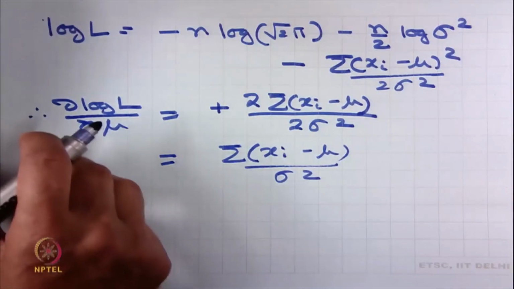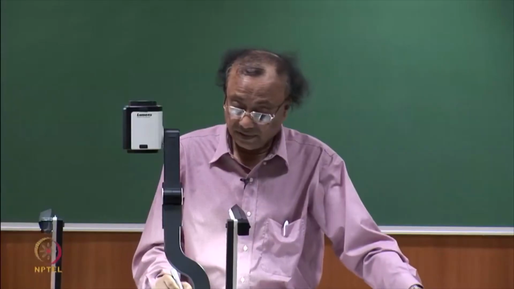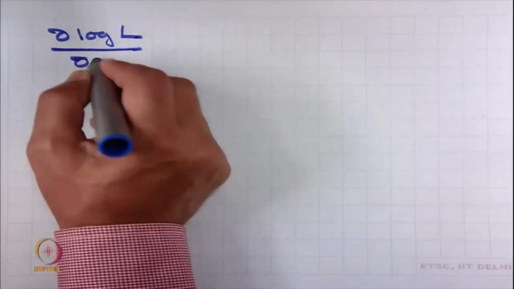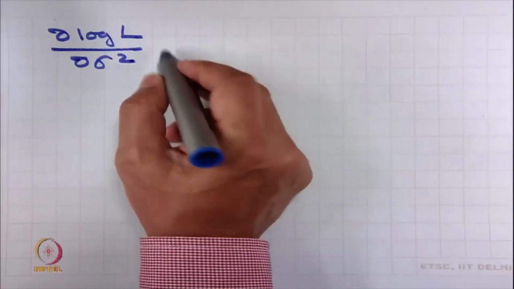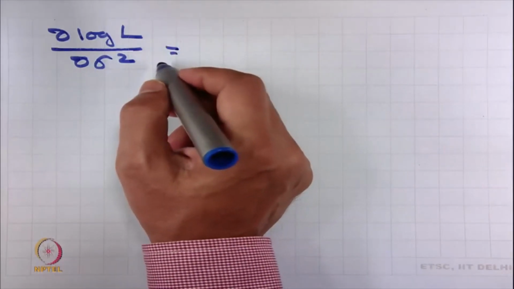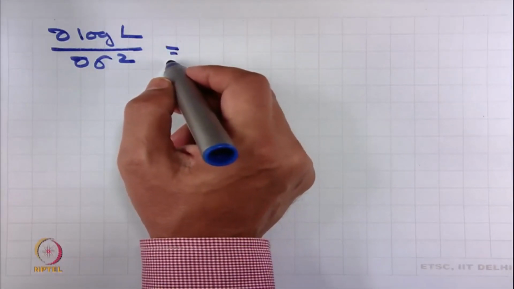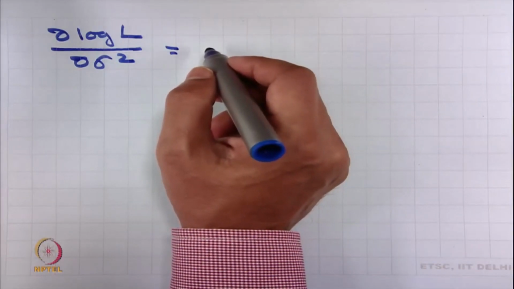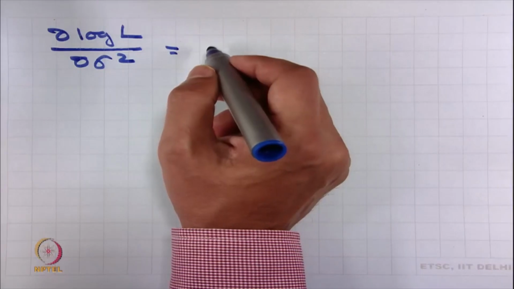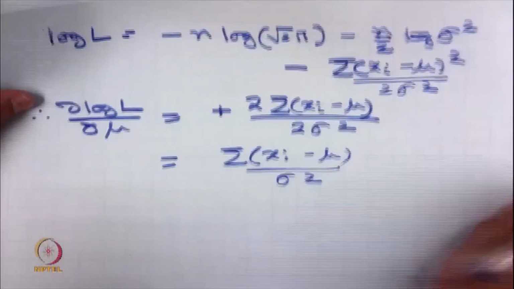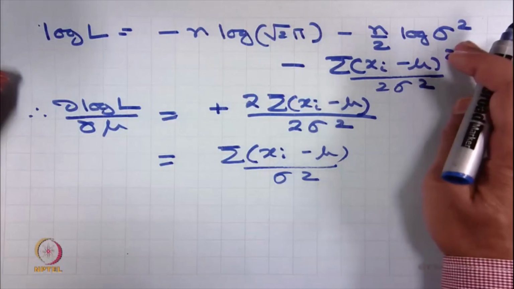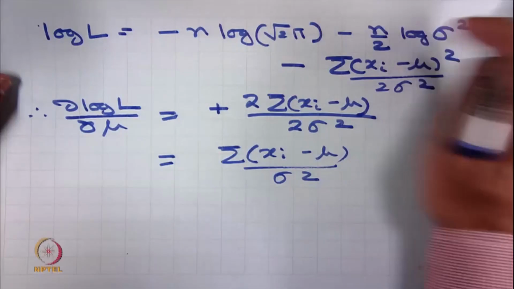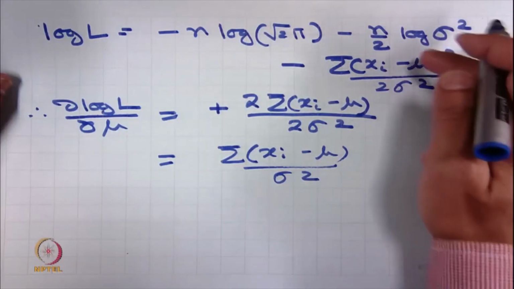and del log L del sigma square is equal to, from here we are differentiating it with respect to sigma square. Therefore, log of sigma square derivative is 1 upon sigma square.